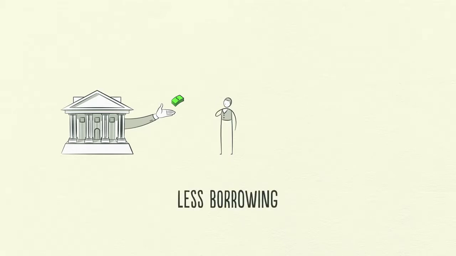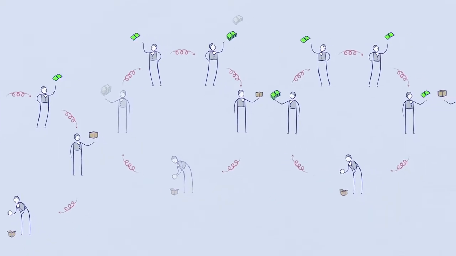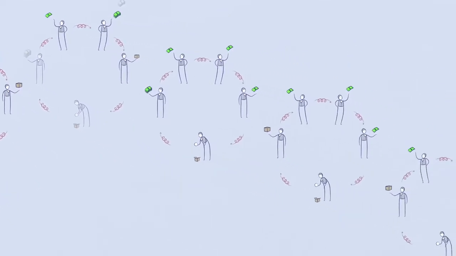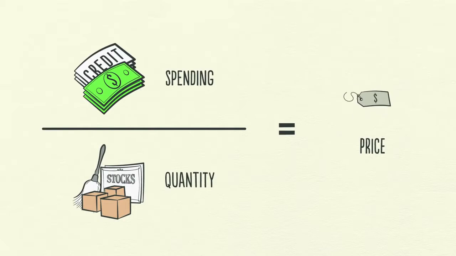Think about this as the monthly payments on your credit card going up. Because people borrow less and have higher debt repayments, they have less money left over to spend, so spending slows. And since one person's spending is another person's income, incomes drop, and so on and so forth. When people spend less, prices go down.